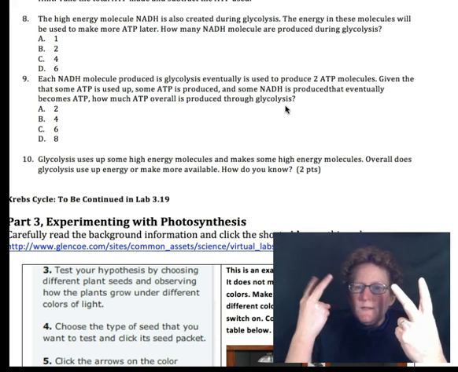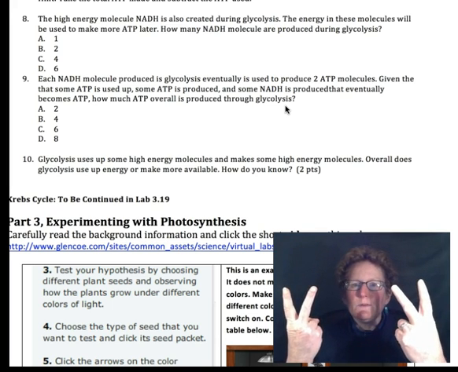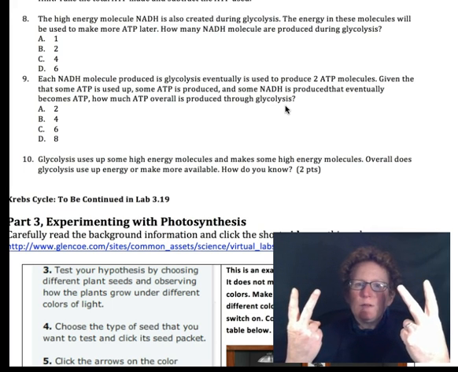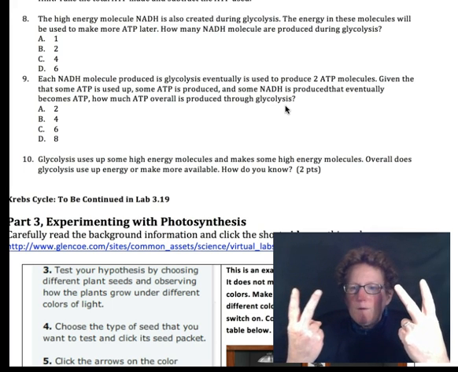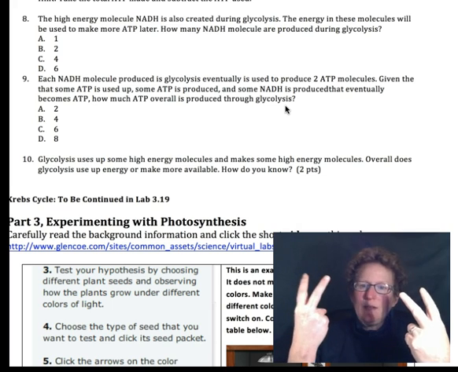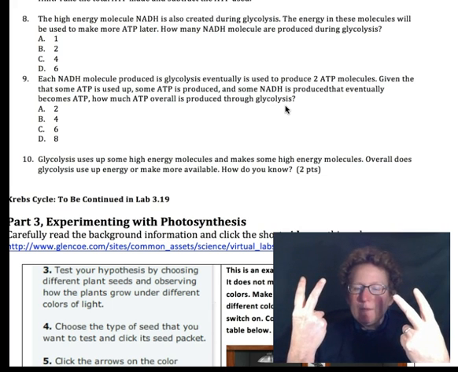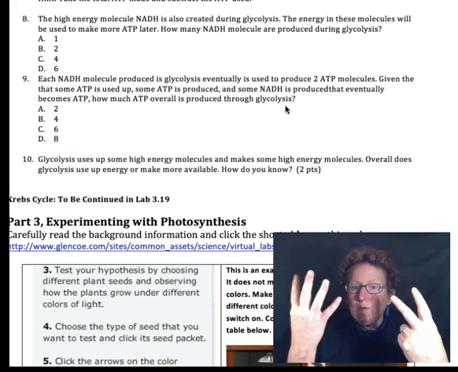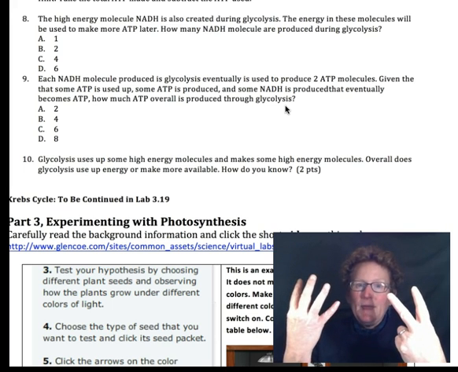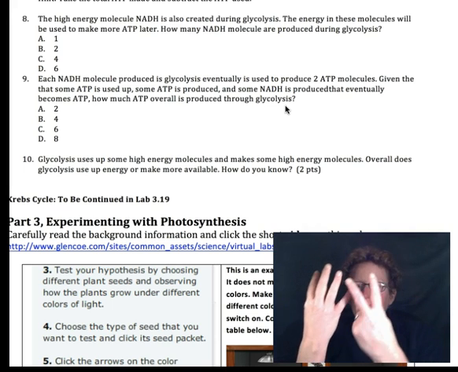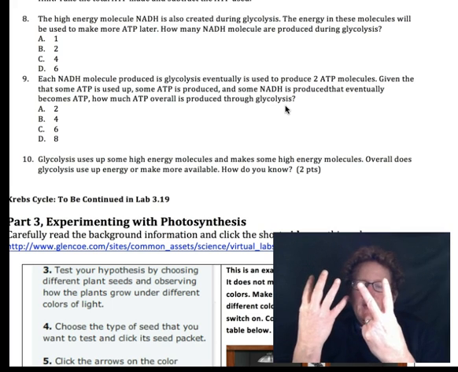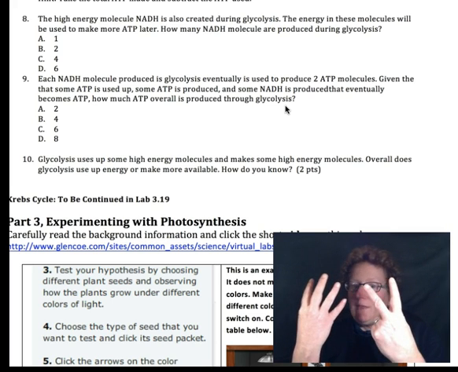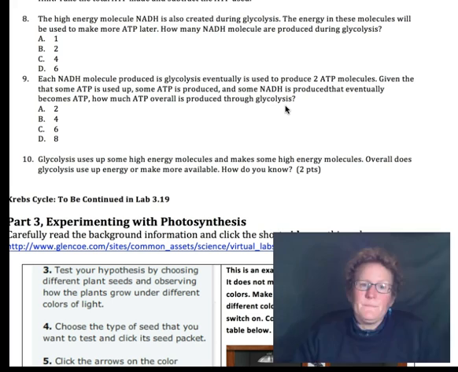We also created 2 NADH molecules, and each of the NADH molecules will produce 2 times 2, 4 ATP molecules. So altogether, we've got this many ATP molecules. I think you can figure it out from here.